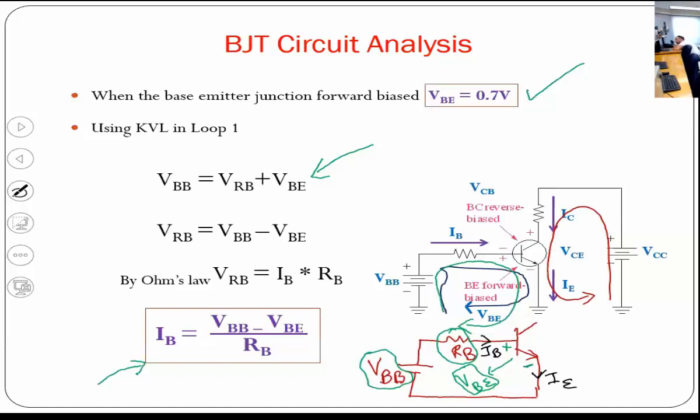In order to calculate the base current, we take the base supply minus VBE. So how much is VBE? VBE will be 0.7, divided by whatever the resistance on the base side is.